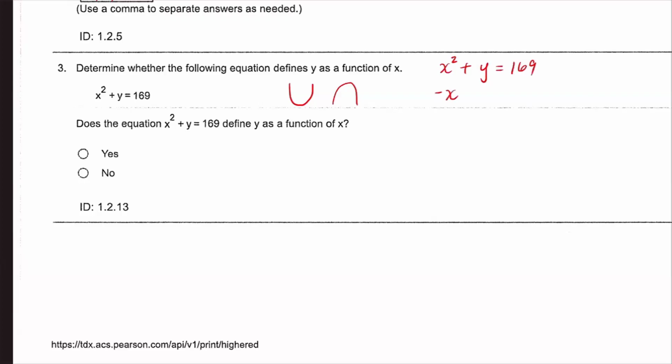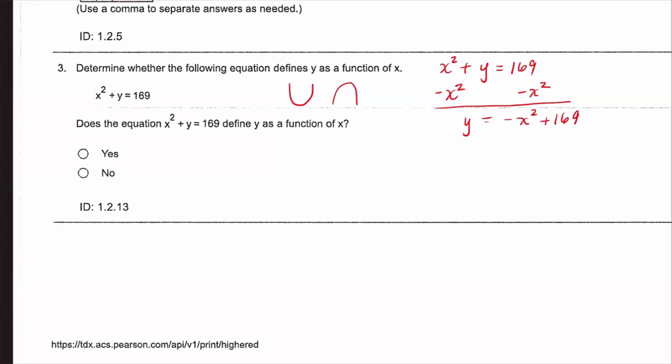If I subtract x squared from both sides, we get y equals negative x squared plus 169. So this would be a parabola that's open upside down. So it really would be a function.